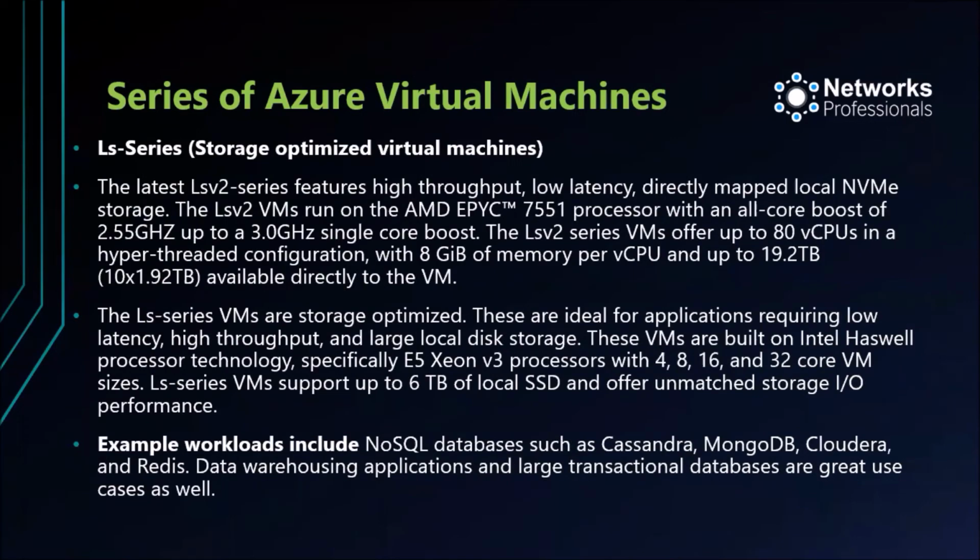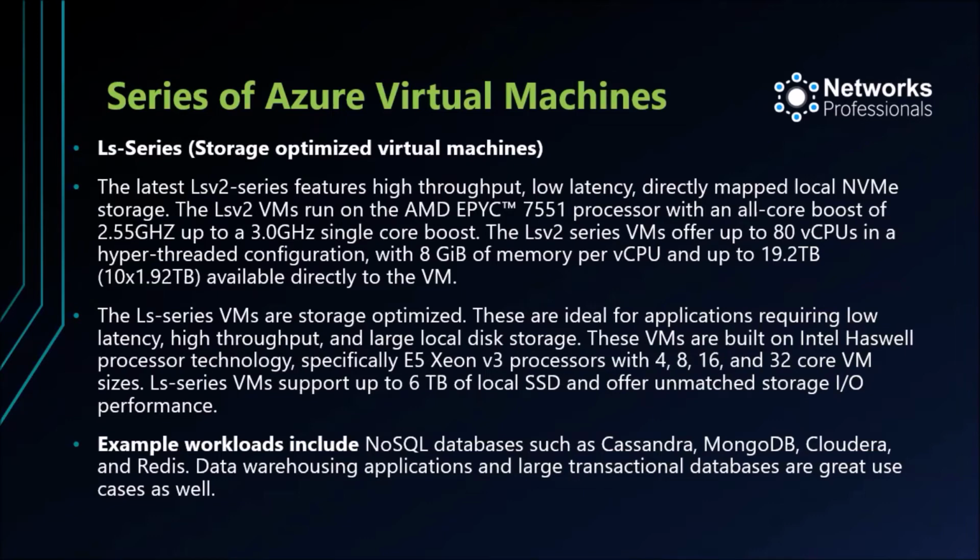LS series virtual machines are storage optimized virtual machines. The latest LS version 2 series features high throughput, low latency, directly mapped local NVMe storage. The LS version 2 virtual machines run on the AMD EPYC 7551 processor with an all-core boost of 2.5 gigahertz up to 3.0 gigahertz.